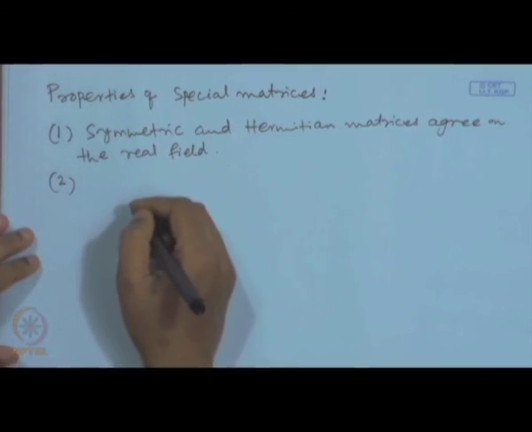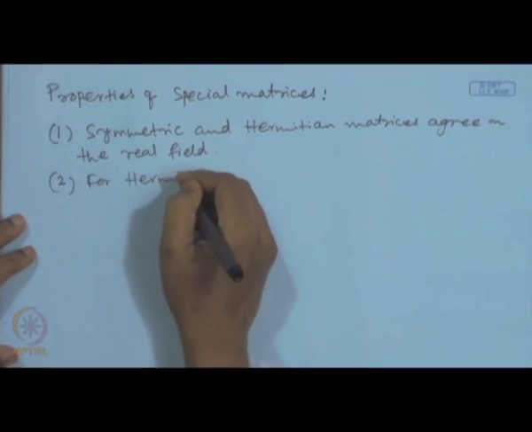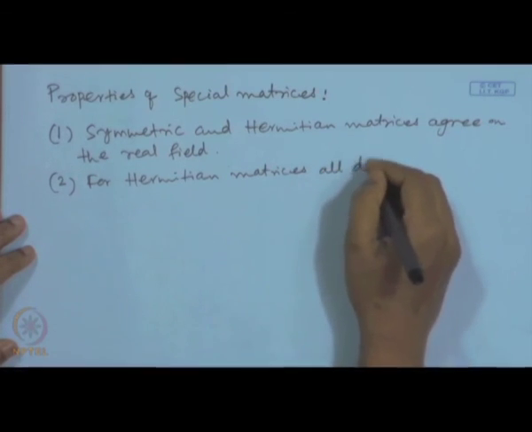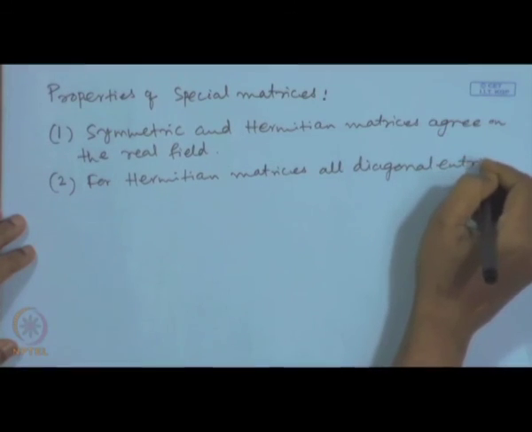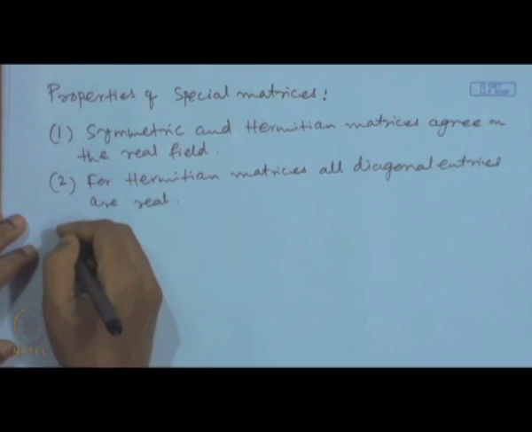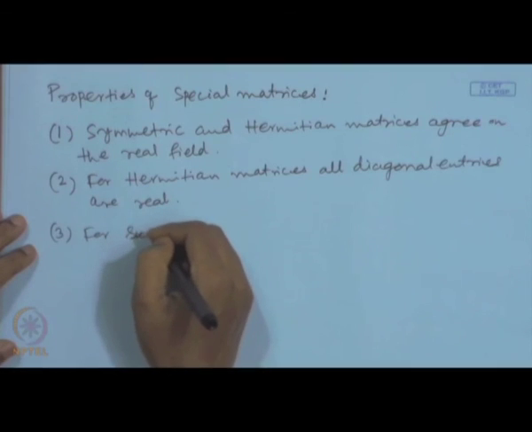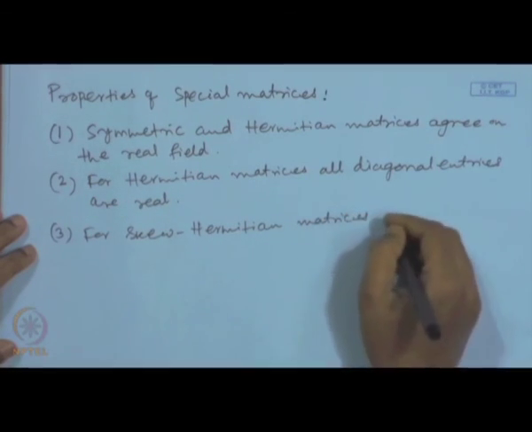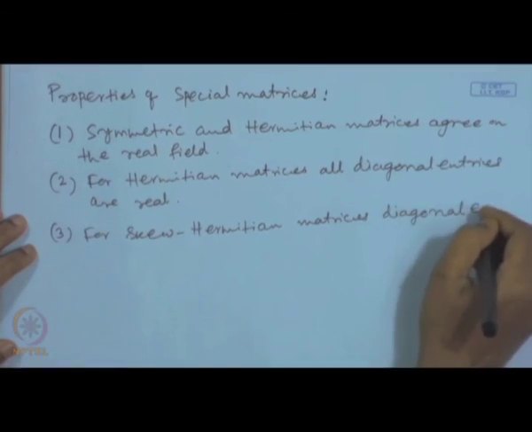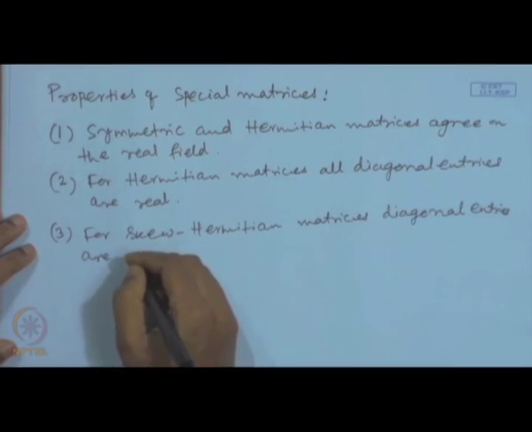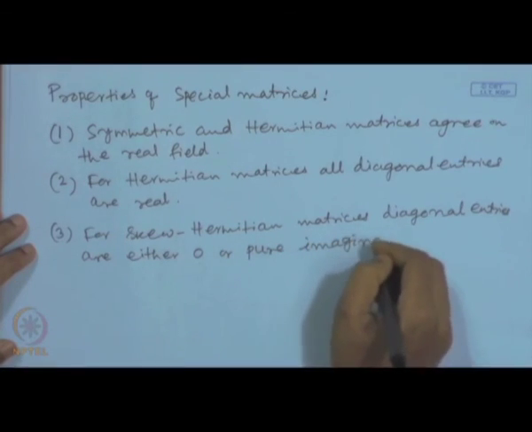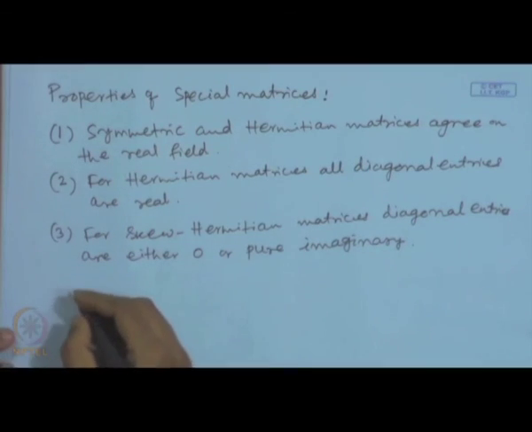The second property is that for Hermitian matrices, all diagonal entries are real, and for skew Hermitian matrices, diagonal entries are either 0 or pure imaginary. So, next we will also discuss.